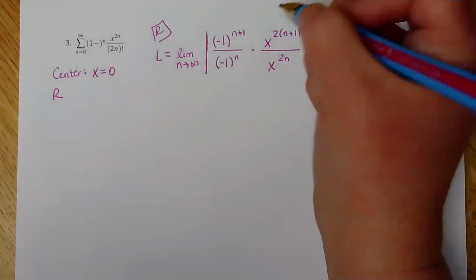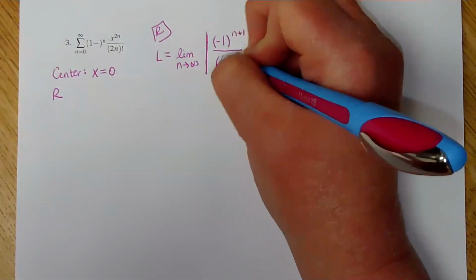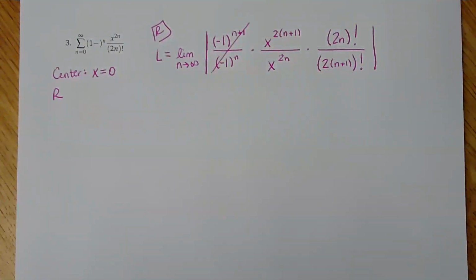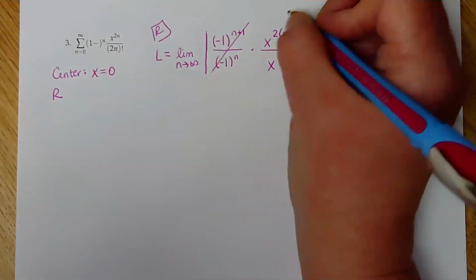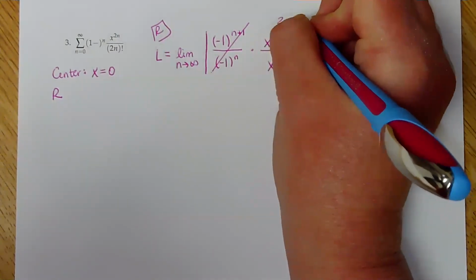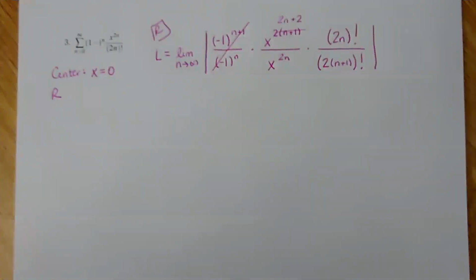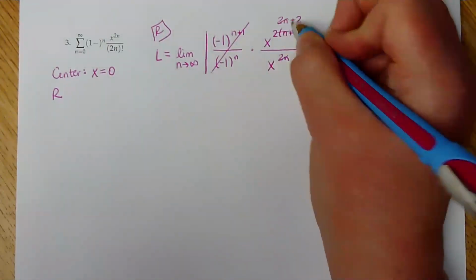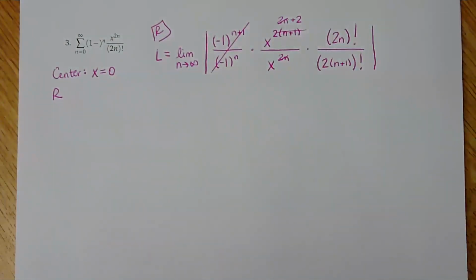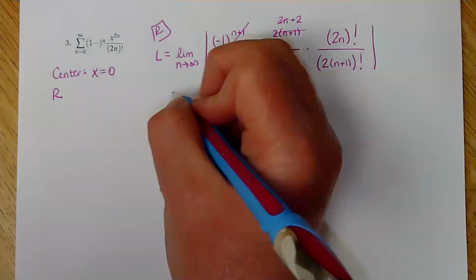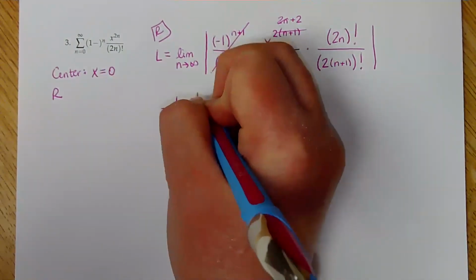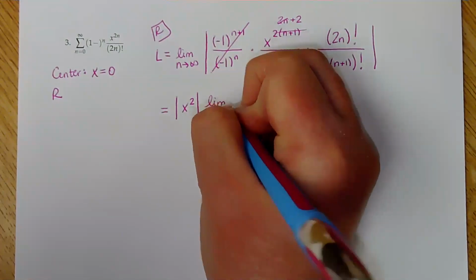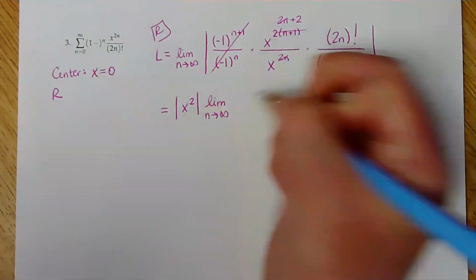All right, so the (-1)^n and (-1)^(n+1) are going to go away because I have an absolute value here. And this 2 times (n plus 1) is really a 2n plus 2 when you distribute the 2. So the x to the 2n's cancel, and I'm left with an x squared. Since there are no longer any n's involved in the x, I can pull that out in front of the limit. So the absolute value of x squared out in front, I have the limit as n goes to infinity.